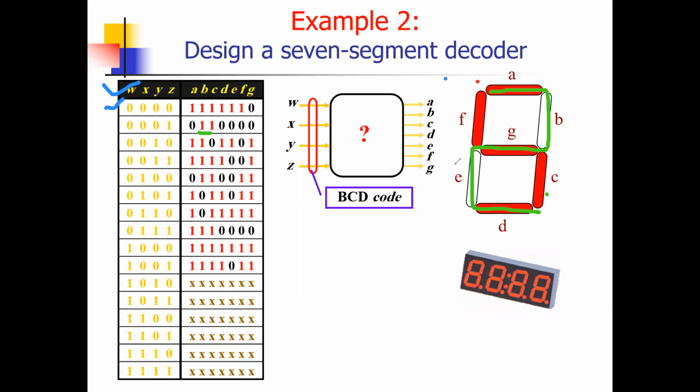So you can also check if you want to check the result. Whenever you give BCD 0 0 0 0, 0 will be there. If you give 0 0 0 1, 1 will be there. So you can check in the lab also. We have this kit. So this is called 7 segment display.